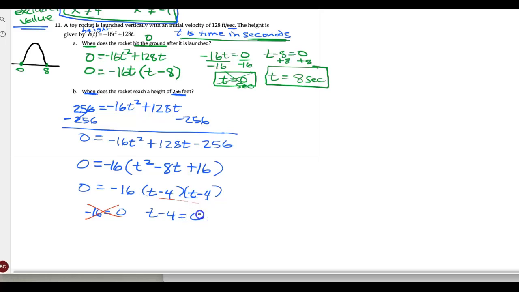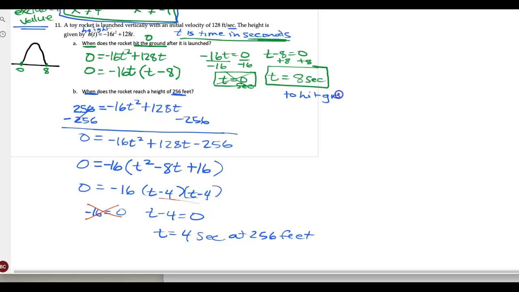t minus 4 equals 0. Add the 4 over, t equals 4. So it's going to reach that height of 256 feet at 4 seconds. So I'm going to say 4 seconds at 256 feet. And over here you could say 8 seconds to hit the ground.